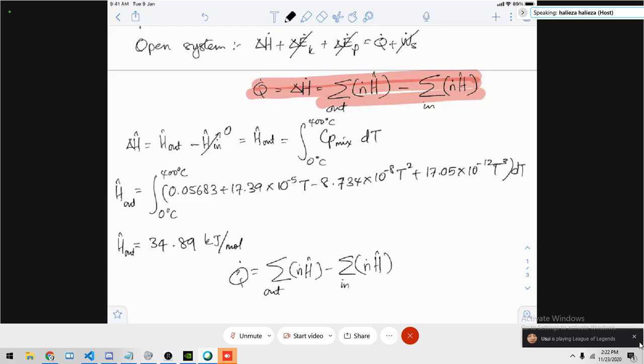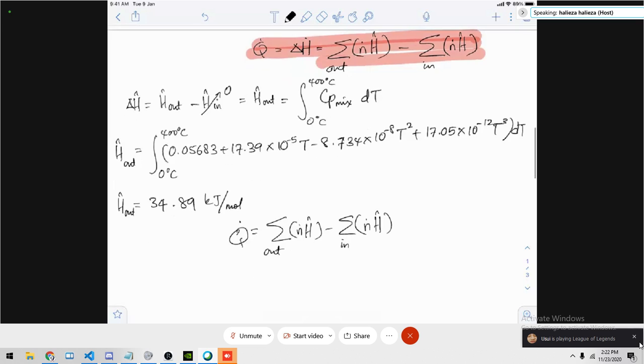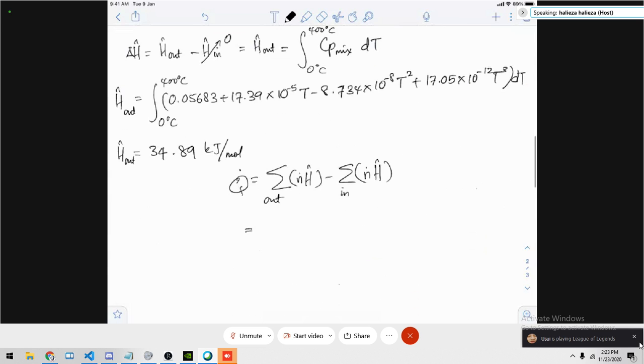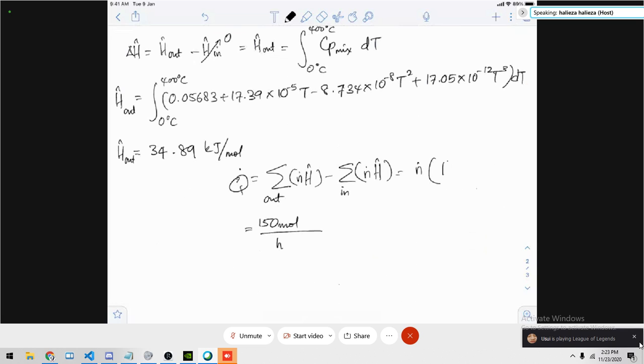Okay, so we have the same number of mole. How was the number of mole? In our diagram, the number of mole is 150. So the molar flow rate is 150 mole per hour. So you can actually take this out. H out minus H in.